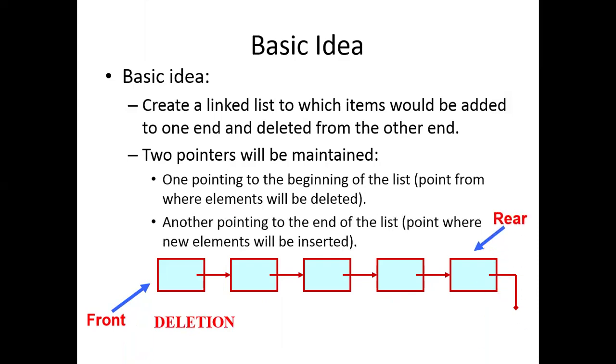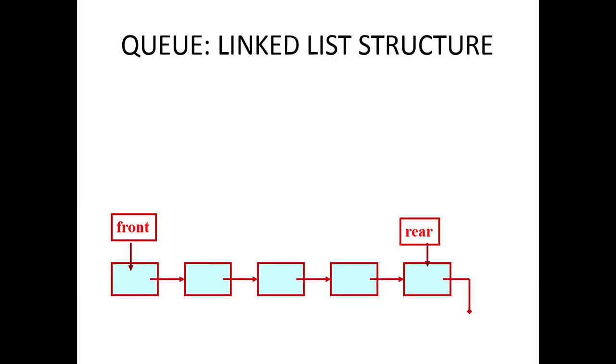And then rear, another pointer pointing to the end of the list. So in a queue, you have two pointers pointing to the front and back end. In the front end, sorry, the front end will have the deletion. The rear end will have the insertion.